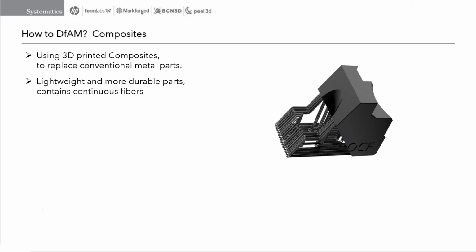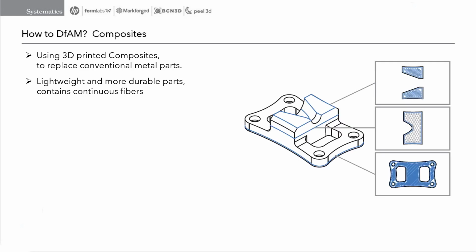The fiber reinforcement technology involves the use of continuous fiber, where fibers such as carbon fiber or fiberglass are integrated into the part during the printing process. The fibers are placed in strategic places within the printed part, providing strength and stiffness in a specific direction, similar to how fibers are used in composite materials.